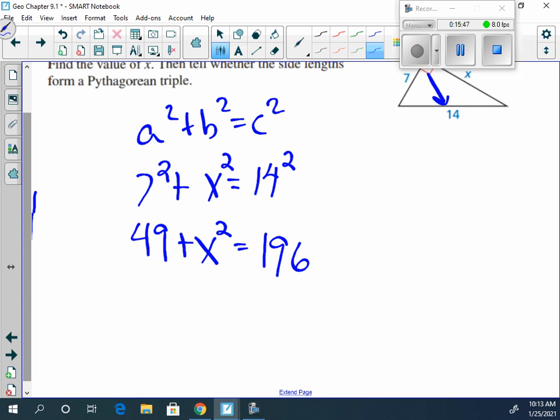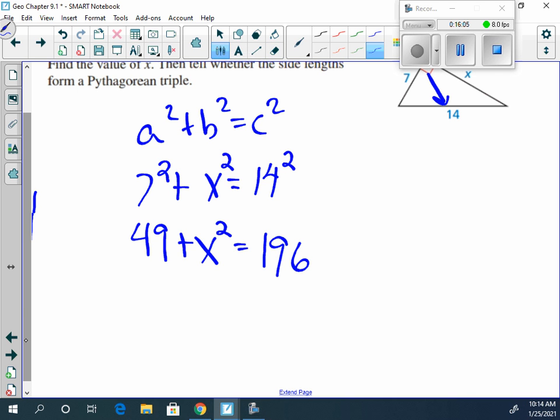Why does that seem so big? I think it's 156. I feel like 196 is too big.